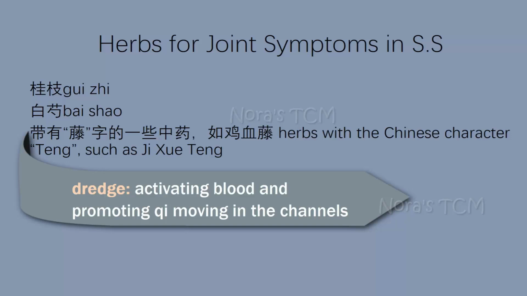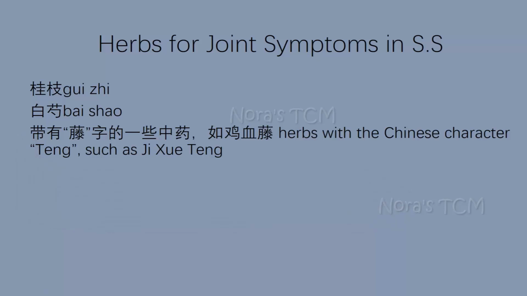We say activating blood, it means activating local more. But if we want to 通 meridian, that is to say, blood stagnation in the channel, we want to promote the qi blood circulation, remove the stasis in the whole channel, we'll say 通. So this kind of herb like 鸡血藤, 海风藤, all these herbs with the character of the 藤, it's a series of plants with the function to 通 meridian, promote the qi moving faster in the channel.